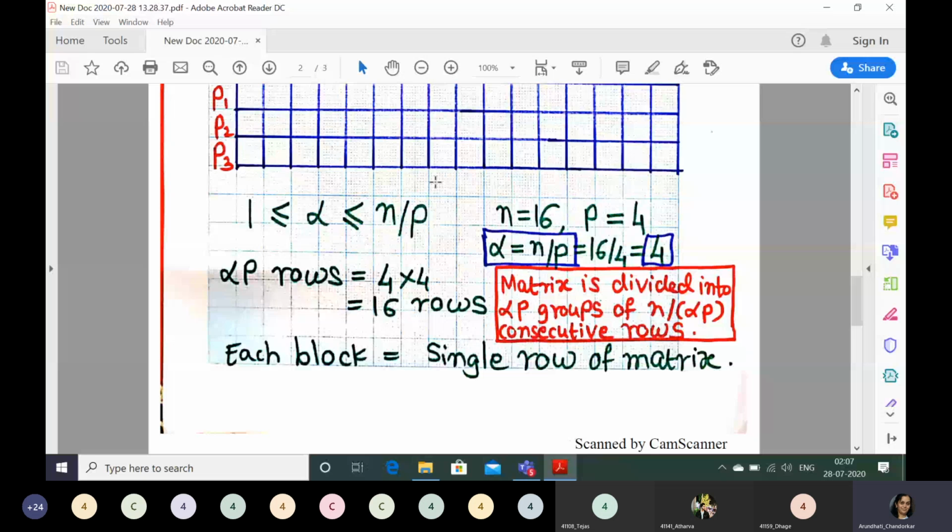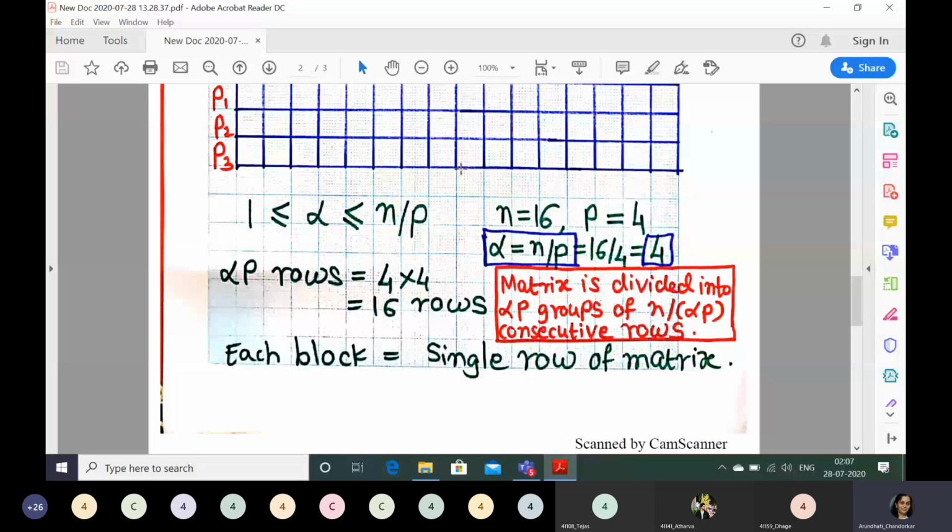So this whole 16 by 16 matrix, I will divide into 16 groups, each group having n by alpha p consecutive rows. So just substitute 1 row. That means each block corresponds to a single row of the matrix, and just go on allocating in a wraparound fashion, because we are in cyclic only. The word cyclic itself is telling you that just do round robin. I hope it is clear now.